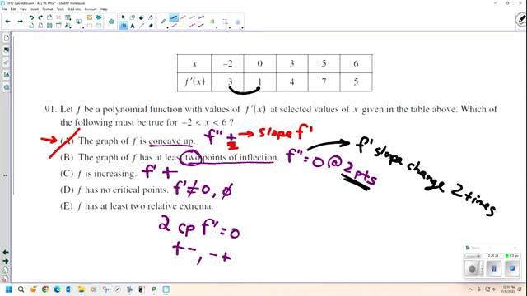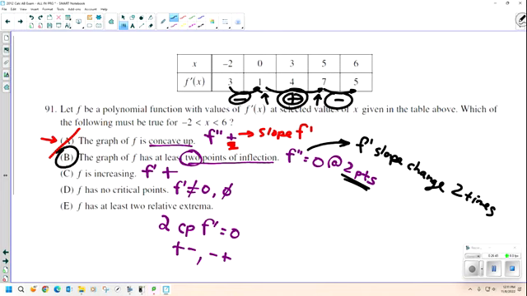Okay, we just said this is a negative slope. From here to here and here to here is a positive slope. Then it goes back to a negative slope. So it changes here from negative to positive, and then it also changes here somewhere from positive to negative. That is true. Boom. There's your answer.